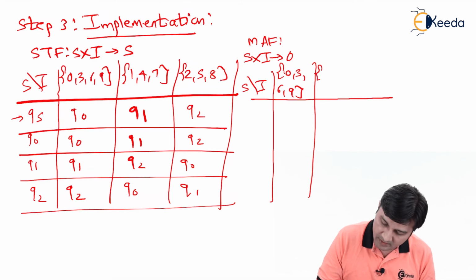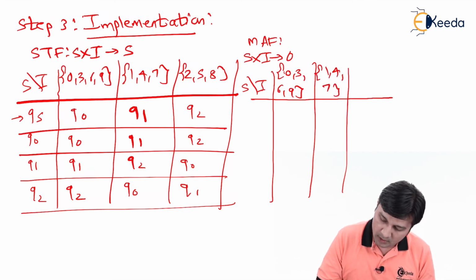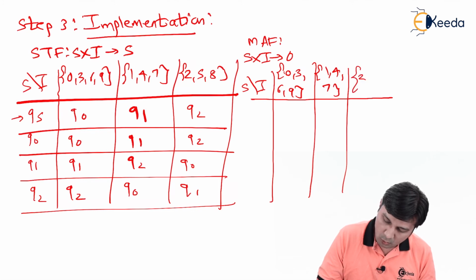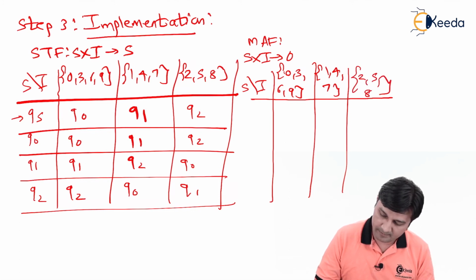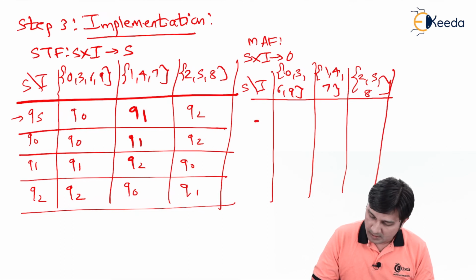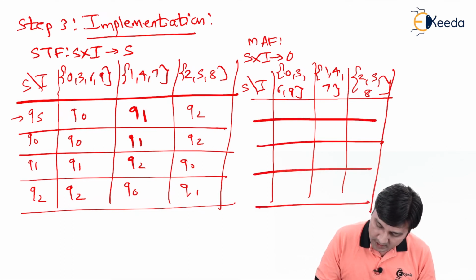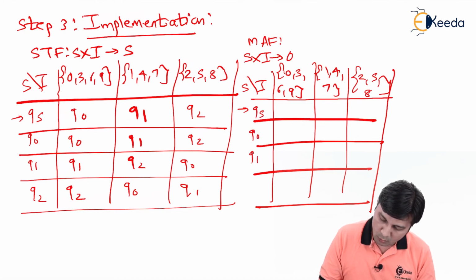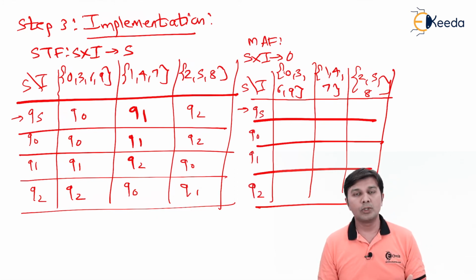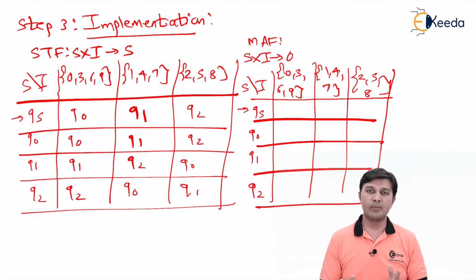Similarly, over here we have 1, 4, 7, and over here we have 2, 5, 8. Fair enough. Here also we have the states QS, Q0, Q1, Q2. Of course, they are not going to change because we are talking of the same machine.